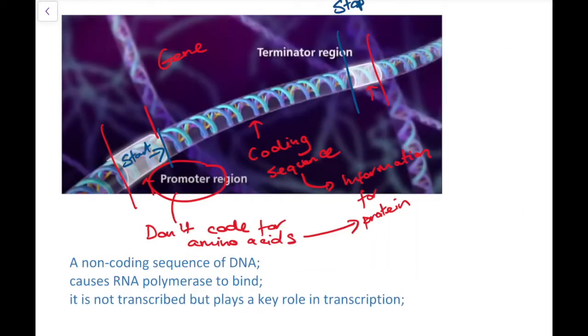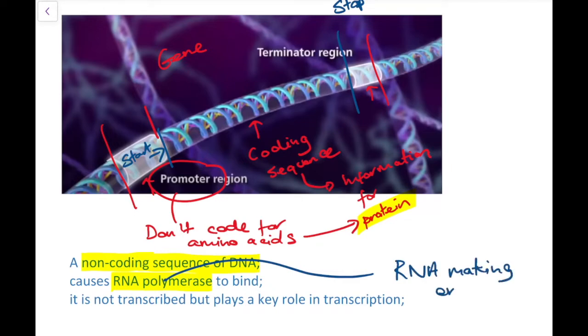So in summary about a promoter, it's a non-coding sequence of DNA because it doesn't lead to the production of protein, but yet it's an essential sequence. And as we see next, it allows RNA polymerase to bind. So this is the RNA making enzyme that's going to carry out transcription.